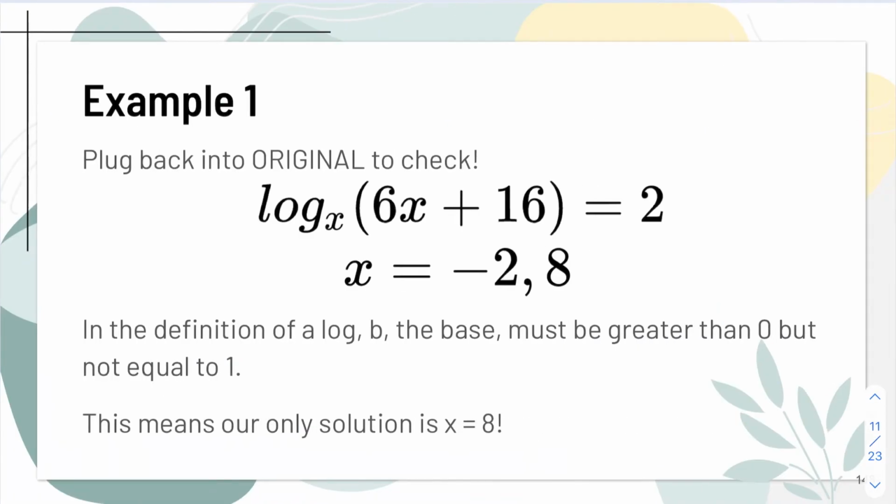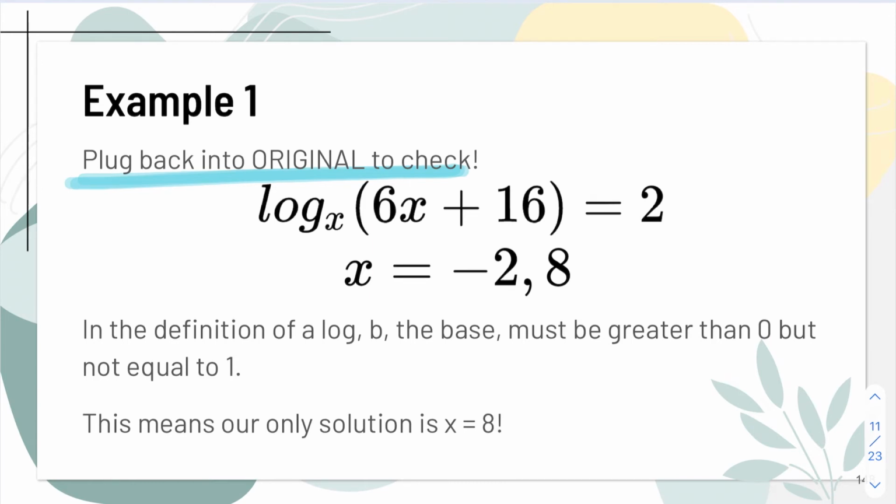Here's the thing about logs. With all of these, just the logs, so just the ones we learned today, you have to plug it back into the original and check your answer. We had some very strict restrictions on the domain and base of a log. There were two things.